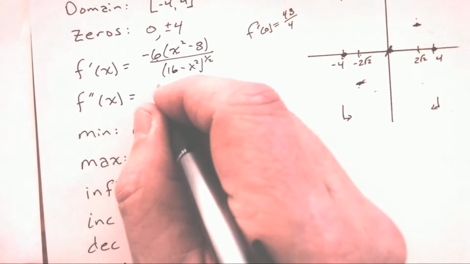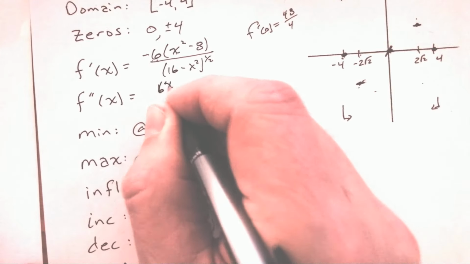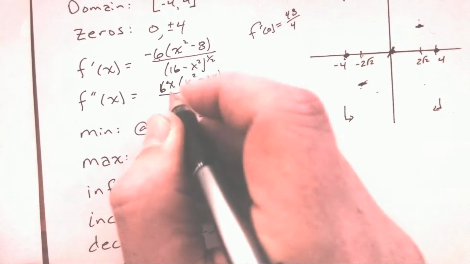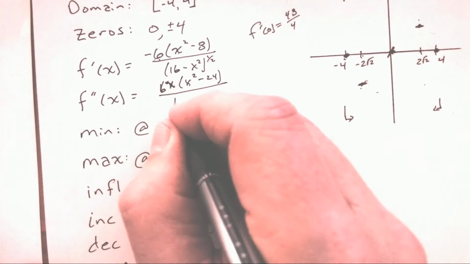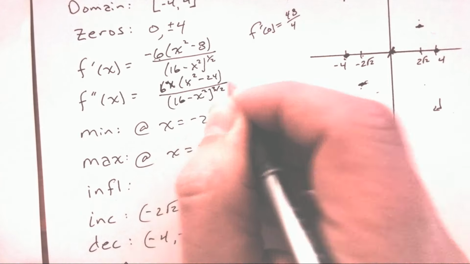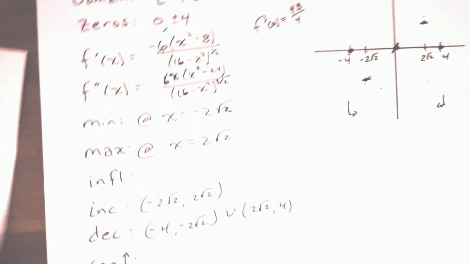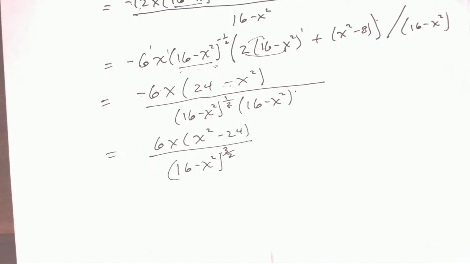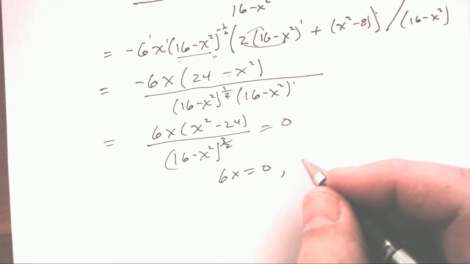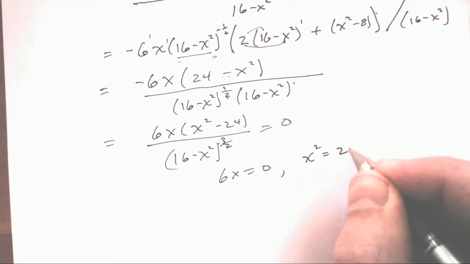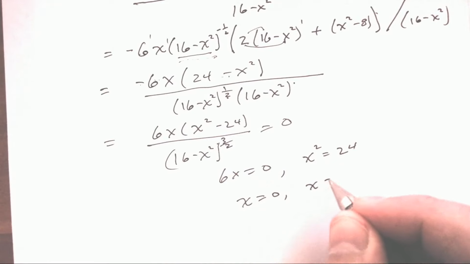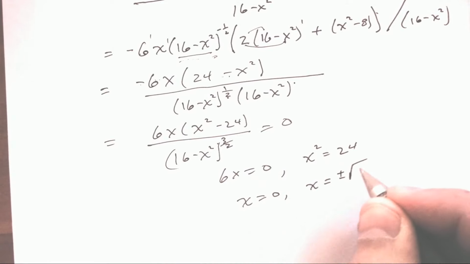All right, so we just came up with 6x times x squared minus 24 on, sorry about my writing, 16 minus x squared to the 3/2 power. And if we set that equal to 0, either 6x equals 0 or x squared equals 24, so either x equals 0 or x equals plus or minus root 24.